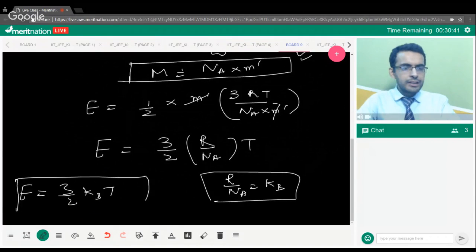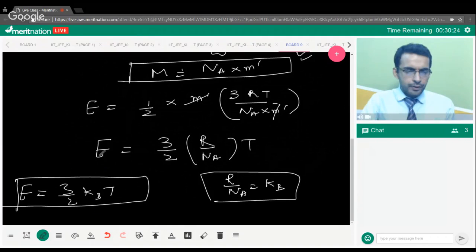This is the average kinetic energy. I'm just deriving the average kinetic energy. From this expression, do you see any mass here? E is equal to 3 by 2 kBT. Nothing like mass here, so this is independent of mass.